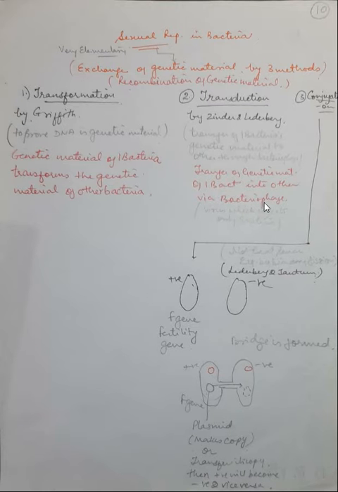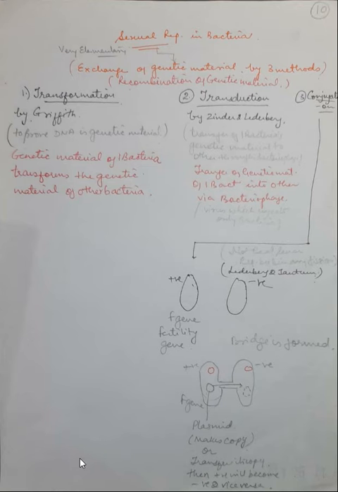The third type is conjugation, given by Lederberg and Tatum. Here, if you see, there are two bacterial cells. One is where the F gene is present, so that is the positive strain, and the other is the negative strain, where this F gene, or fertility factor, is absent.